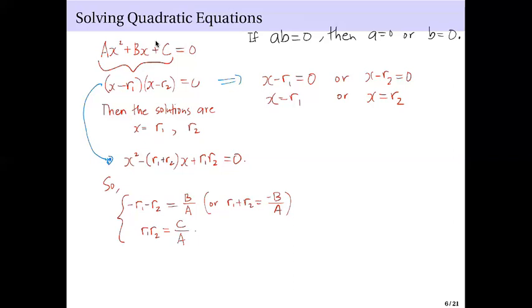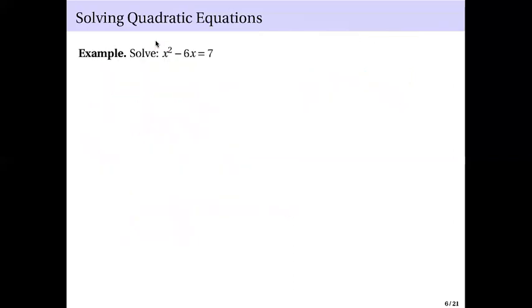So let us consider the following. We want to solve x squared minus 6x equals 7. For these first few examples, I will include the solution in this lecture video.